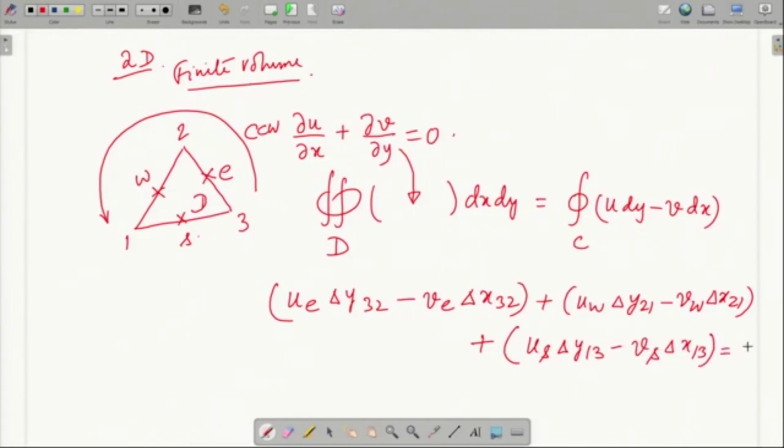This is essentially the divergence of that cell. We should have a different nomenclature for this. So, I will call it a small d, let us say, because we have already called the domain as capital D.